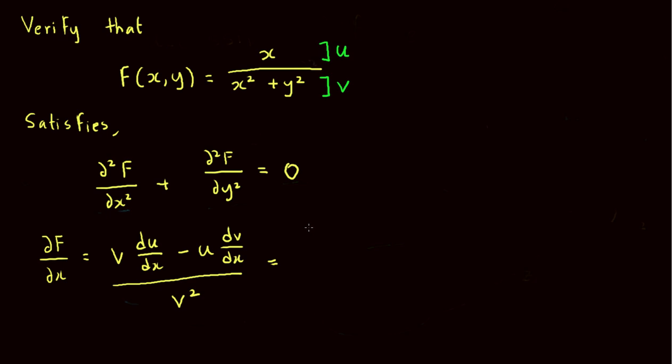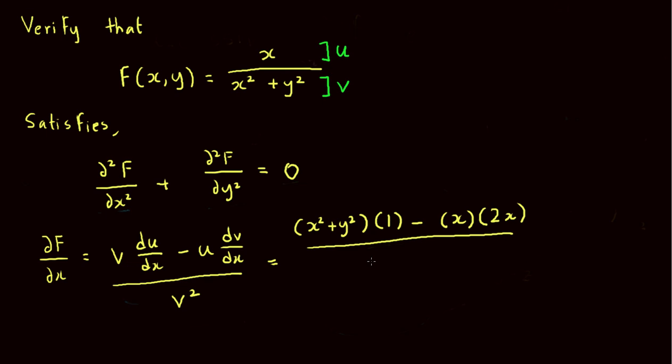So it is x squared plus y squared, du dx is 1, minus u times dv dx, which is just 2x because y is just a constant, over v square, which is x squared plus y squared, squared.